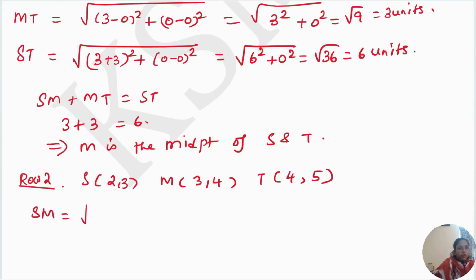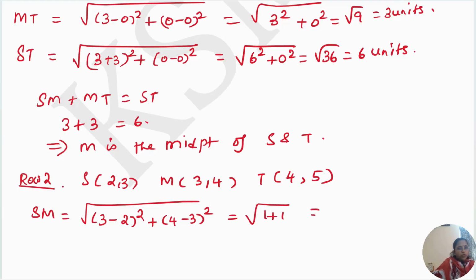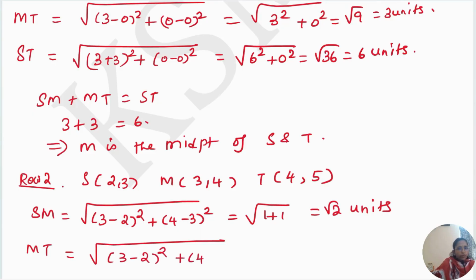So SM is equal to square root of (3 minus 2) the whole square plus (4 minus 3) the whole square. So root of 1 plus 1, which is equal to root 2 units. And MT is equal to square root of (3 minus 2) the whole square plus (4 minus 3) the whole square, which is equal to 1 plus 1. So again root 2 units.